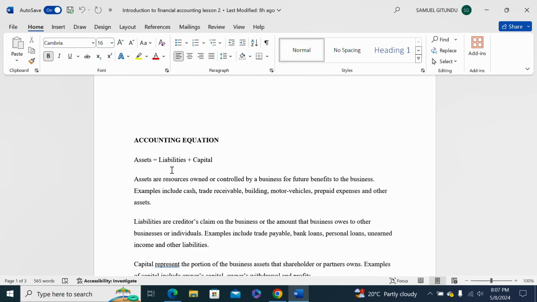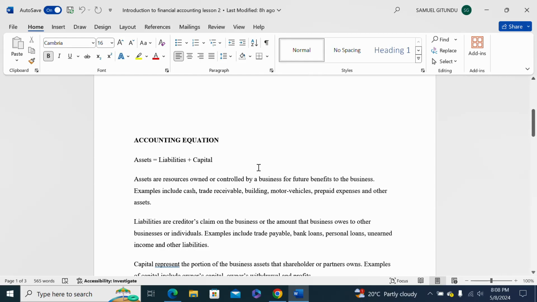So he can get a loan from a friend. Since that loan is going to be repaid, it is a liability. So if he uses the total 100,000 to buy assets, he has capital of 50,000 cash, which is an asset, and a loan of 50,000 cash, which is a liability. That is why asset equals liabilities plus capital.